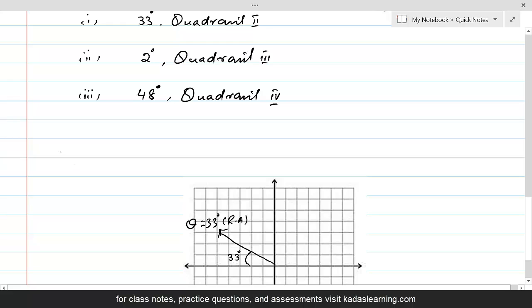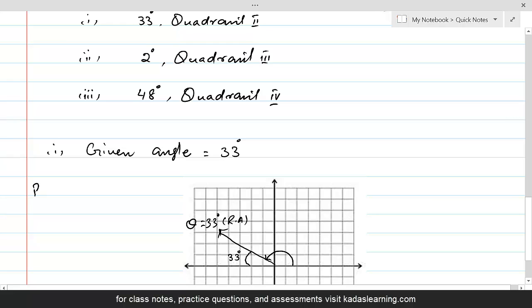If that is the case, number 1, the given angle is equal to 33 degrees, then what would be the principal angle? This principal angle would be 180 minus 33.